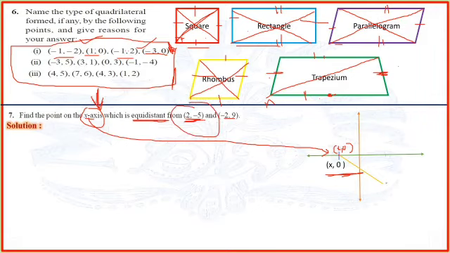So we take this coordinate here in the fourth quadrant, that is (2, -5), and another coordinate (-2, 9), which is negative, positive, that means second quadrant. Now it is given that the distance from this point to this point is equal to this distance. So we will use the distance formula and make these two equal.